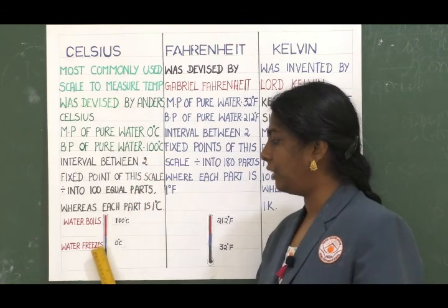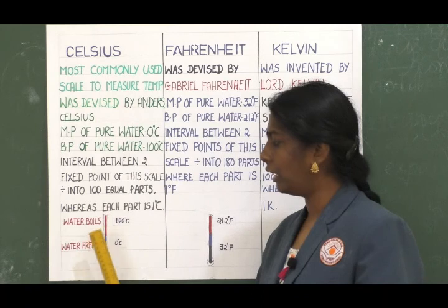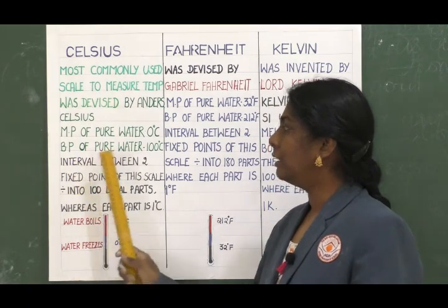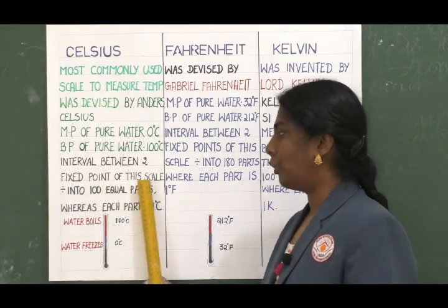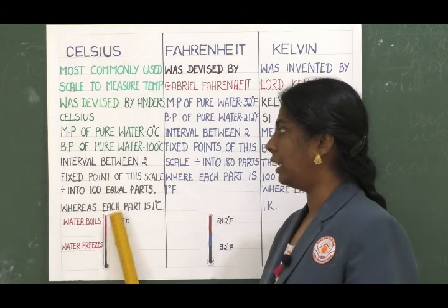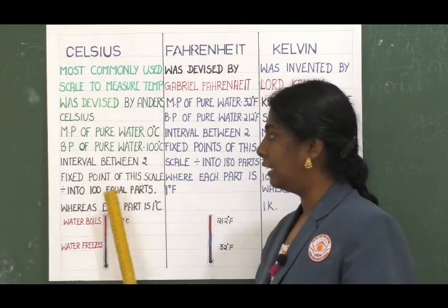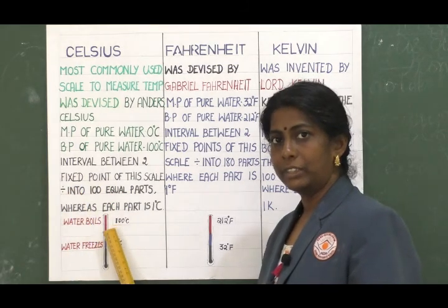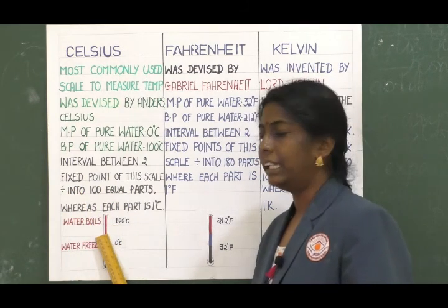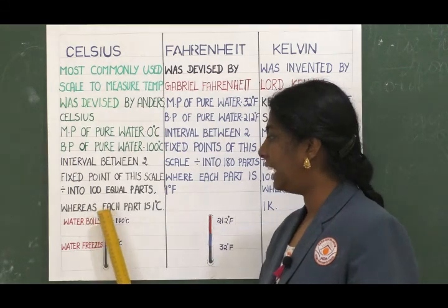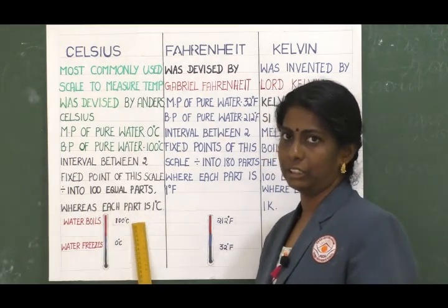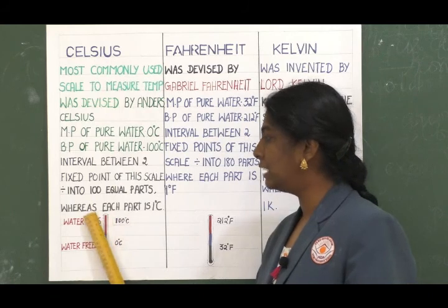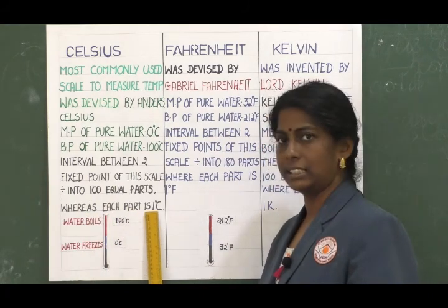The interval between the 2 fixed points of the scale is divided into 100 equal parts, where each part is 1 degree Celsius.